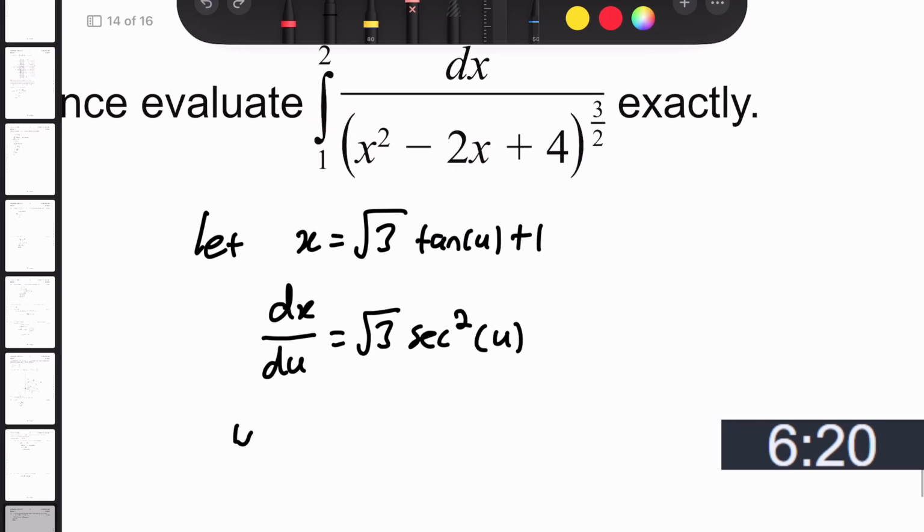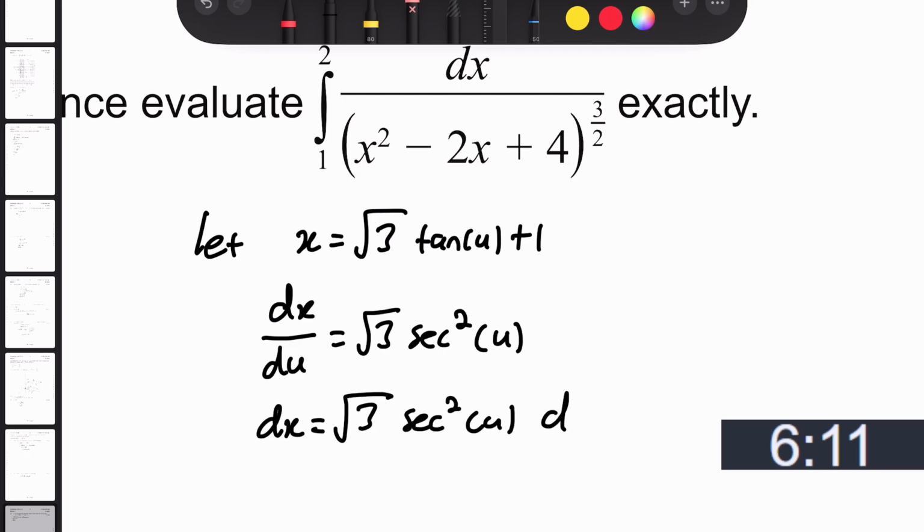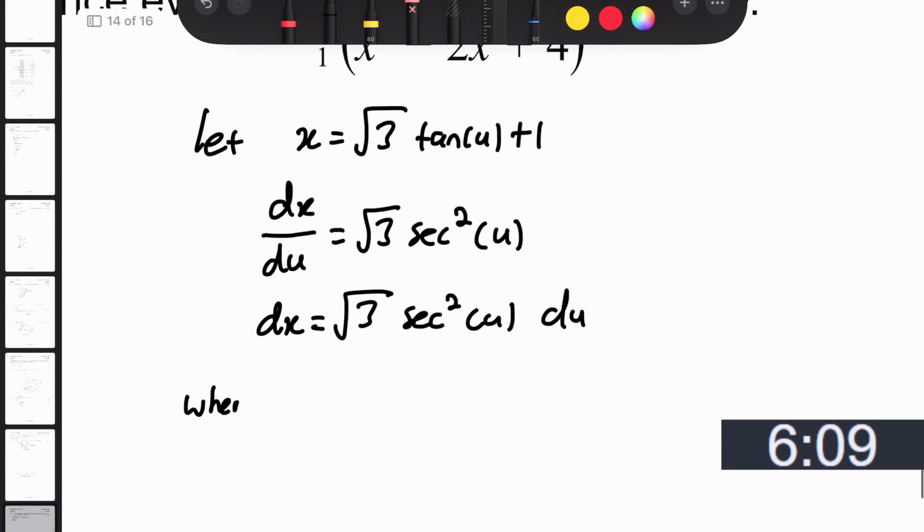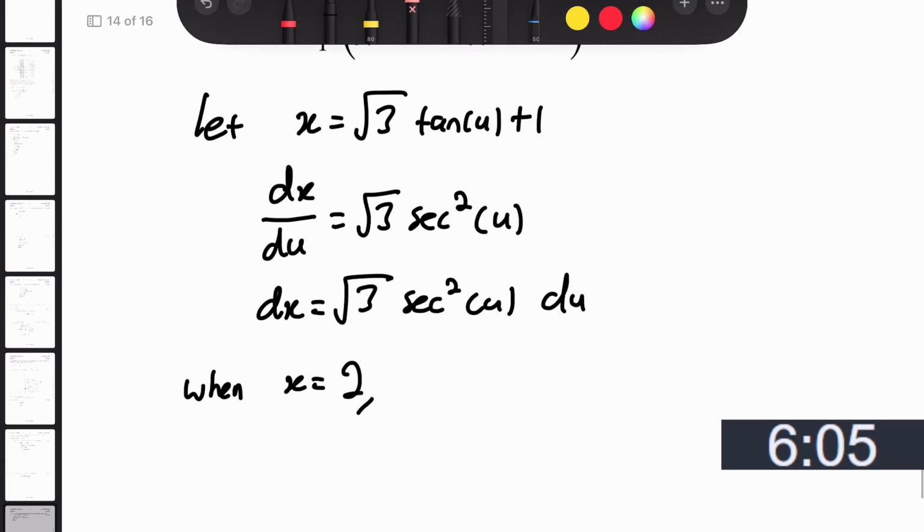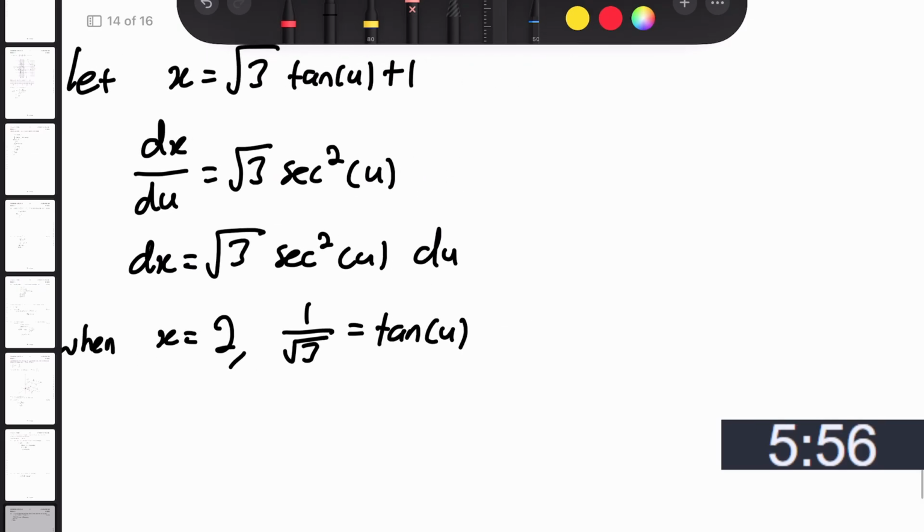So let's say dx is equal to square root of 3 secant squared of u du. When x is equal to 2, I'm going to have 1 on square root of 3 equal to tangent of u. This is when it's 30 degrees, so u is going to be equal to pi on 6.